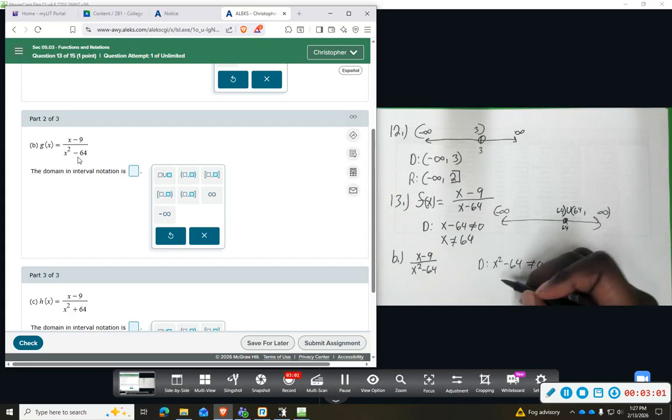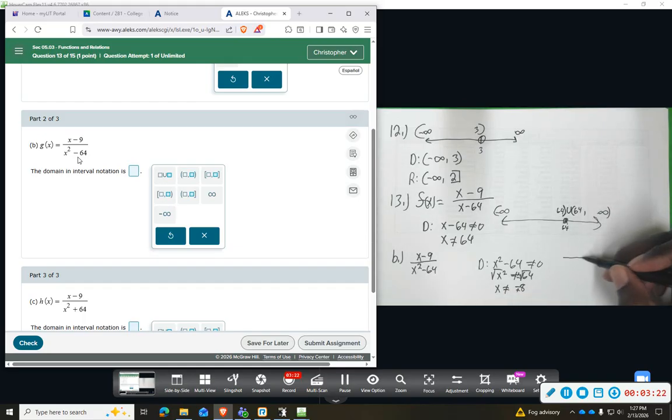If I add 64, that gives me x squared cannot be equal to 64. And to get x by itself, we take the square root, plus or minus, and so we get that x cannot be equal to negative 8 or positive 8. Okay, square root of 64 is 8. So we get two values this time.